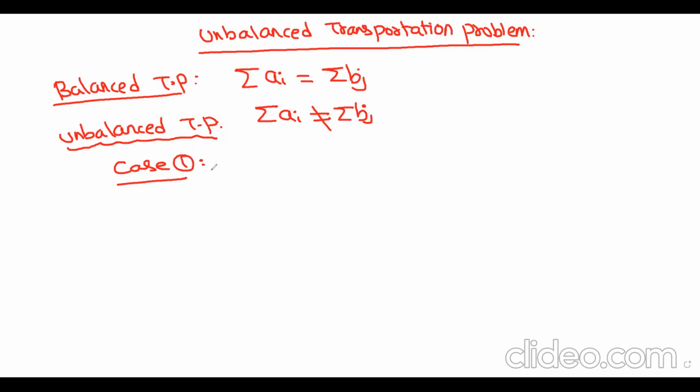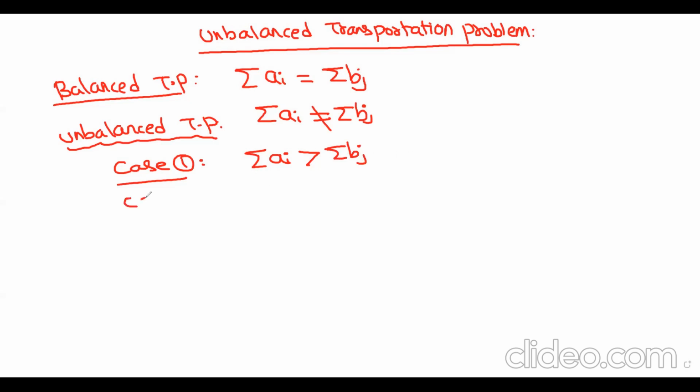If the total availability is more than the total requirement, summation of Ai greater than summation of Bj, then we introduce a dummy destination column with zero transportation cost. We'll see it later while doing the problem.